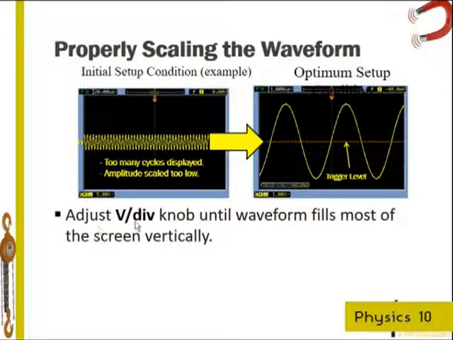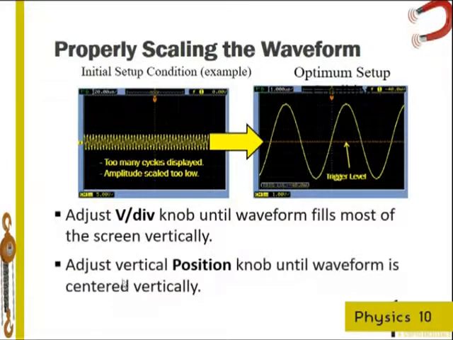You can adjust the voltage division knob until the waveform fits most of the screen vertically, and you can also adjust the vertical position until the waveform is centered vertically. So there's so much you can do with an oscilloscope in terms of manipulating the waveform.